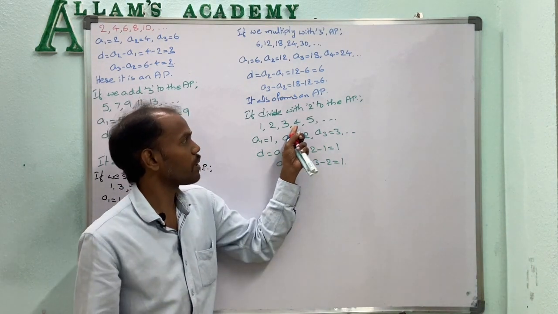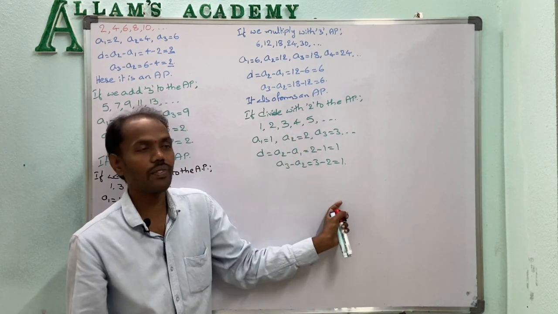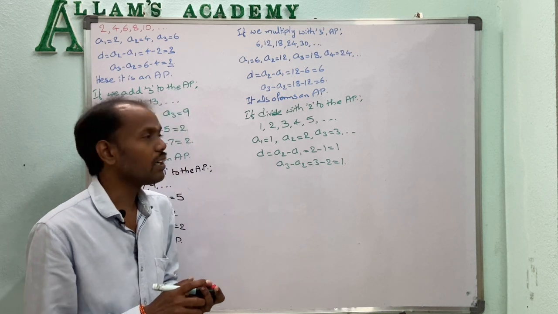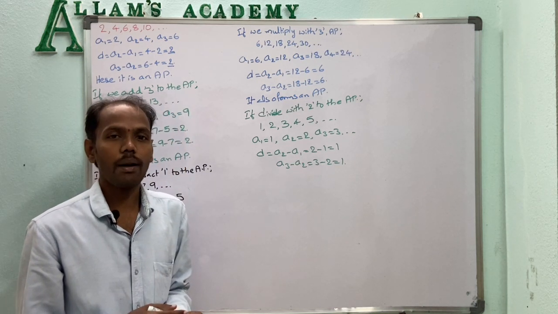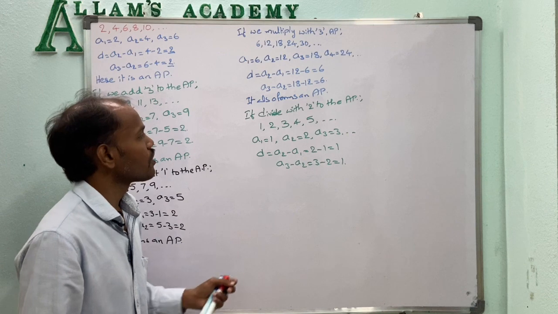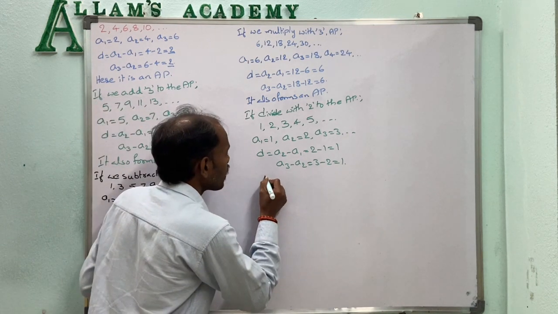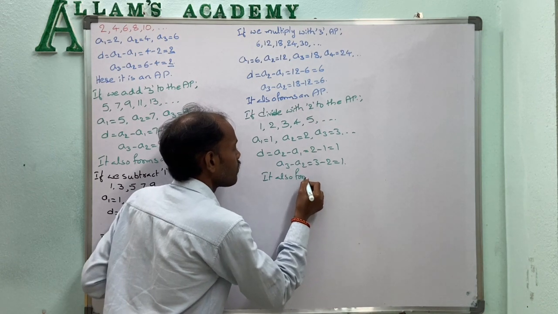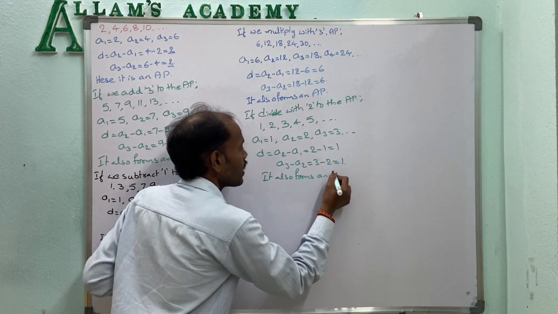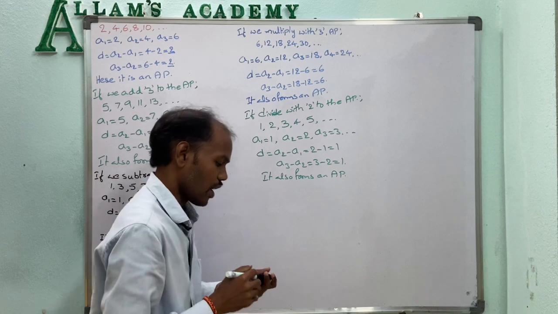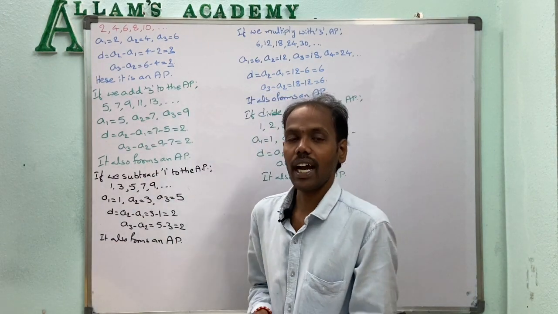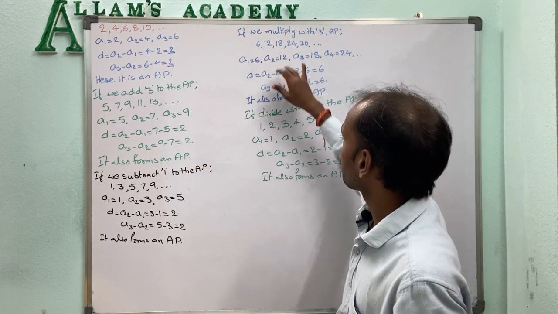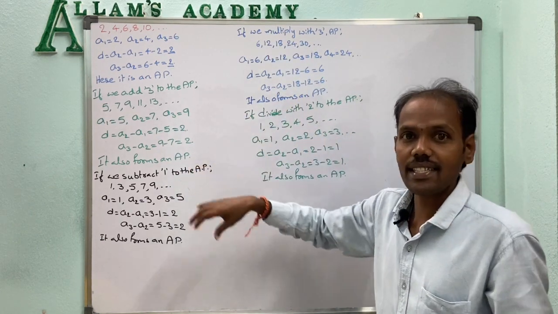The next difference, 4 minus 3, is 1, and 5 minus 4 is 1. That means the common difference 1 is the same, so it also forms an AP. So if we add, subtract, multiply or divide by a constant, we still get an AP.